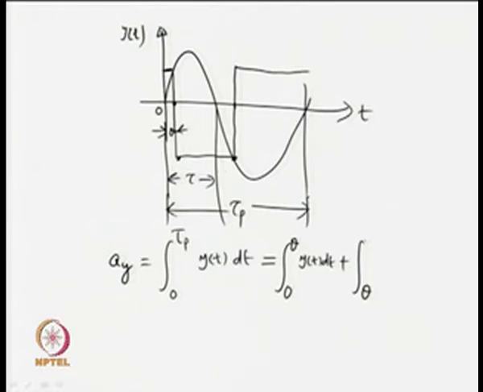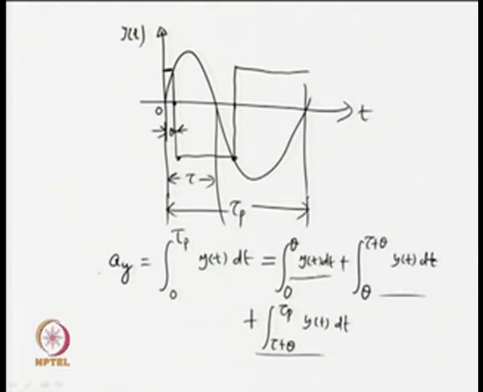So, we go from theta to tau plus theta, y(t) dt, plus tau plus theta to tau p, y(t) dt. The three terms combined together will give us the area of the output signal.